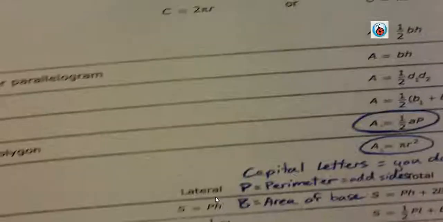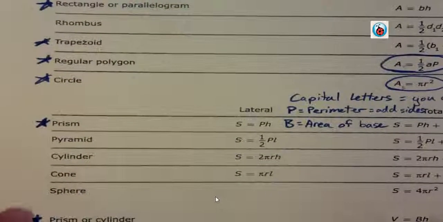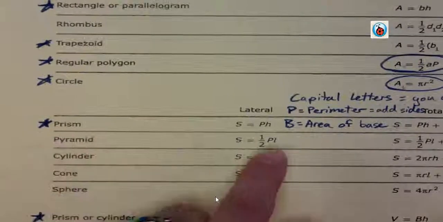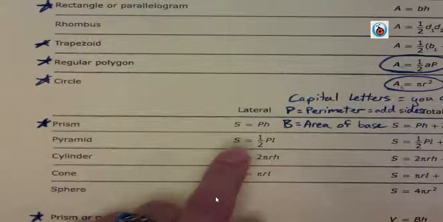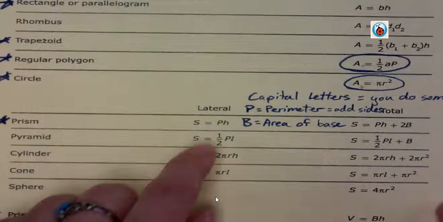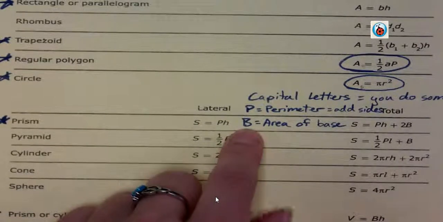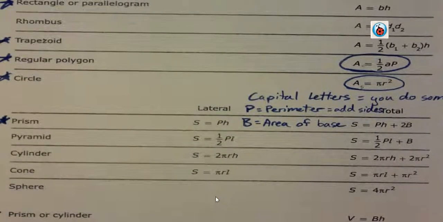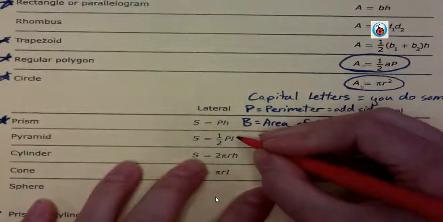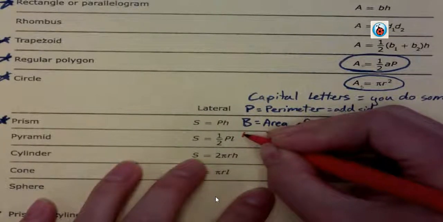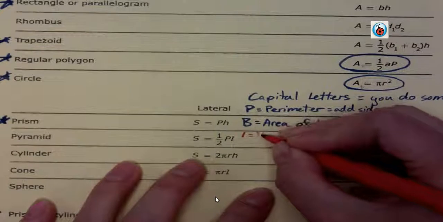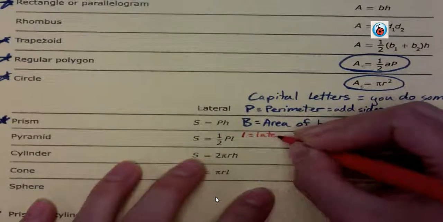So first let's look at some of our formulas. So prisms was what we did last time, and so this uses the same. We have P stands for perimeter, base stands for base, and then we have a new L, so that L is lateral height.